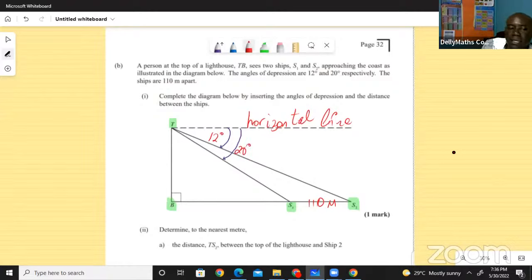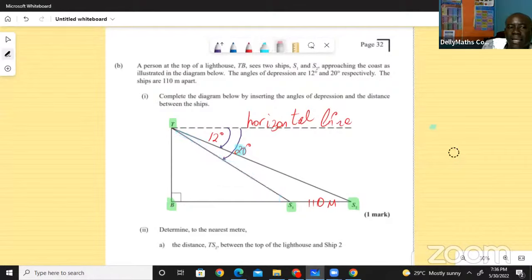So this is the diagram here. But what I normally do is help myself quickly by putting some measurements in the triangle. If you walk this line down, the 20 is going to be down here as well. How do I know? Because the 20 degrees is linked to this line. You can see that's why it touches it.